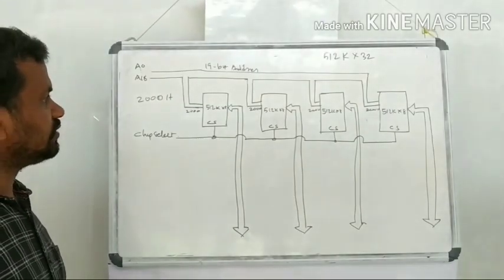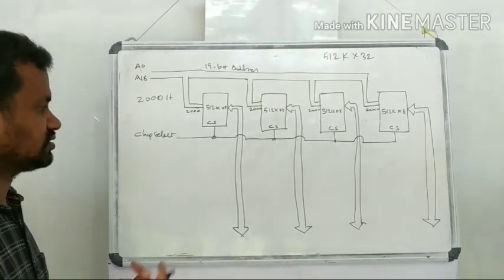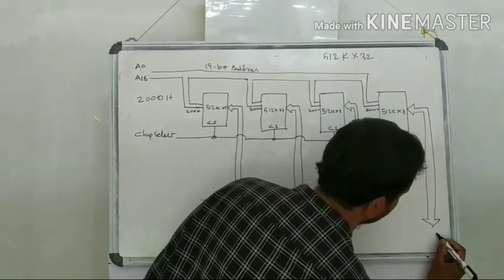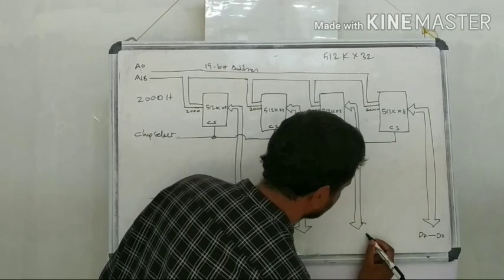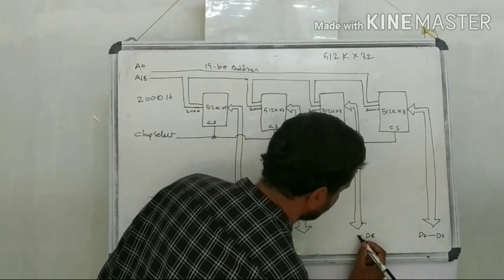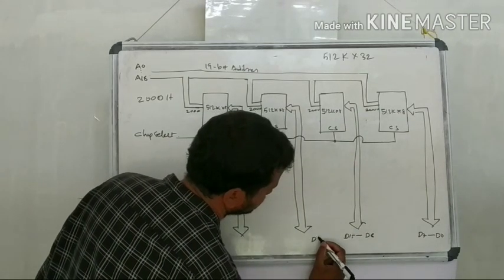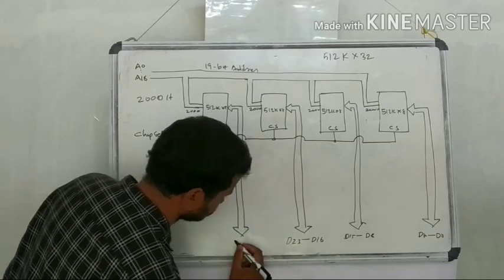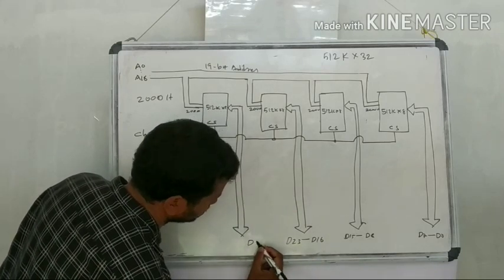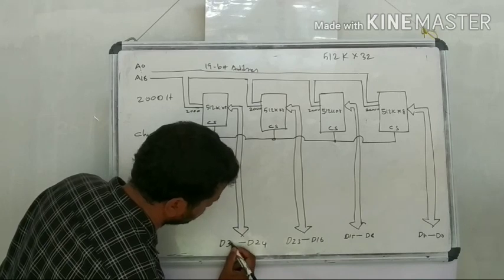Effectively, this will form a 512K into 32-bit memory system, because we can consider this as D0 to D7, D8 to D15, D16 to D23, D24 to D31.